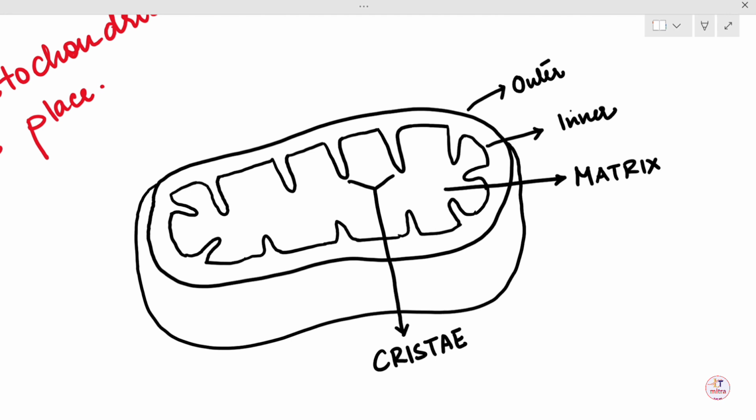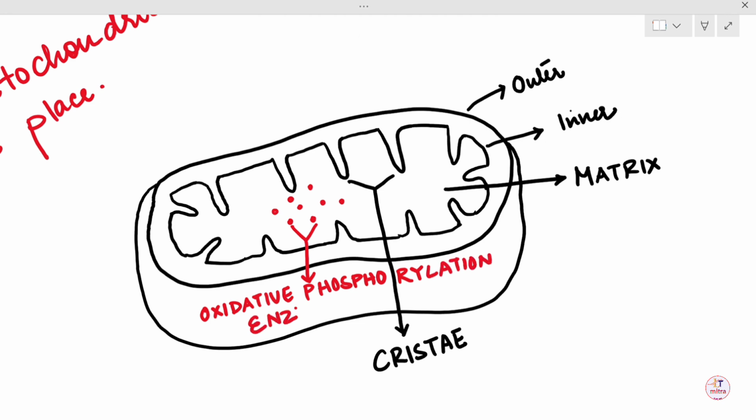In the matrix, there are some enzymes. These enzymes are known as oxidative phosphorylation enzymes.